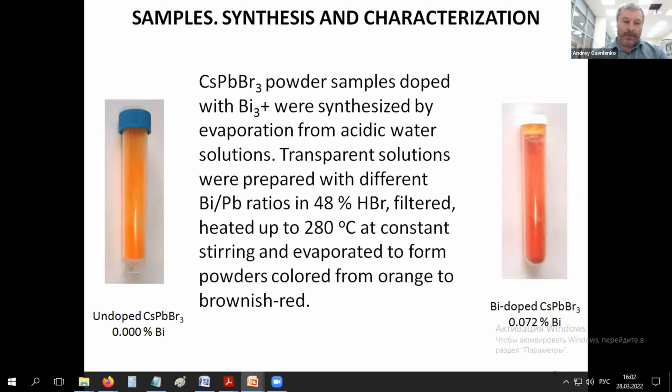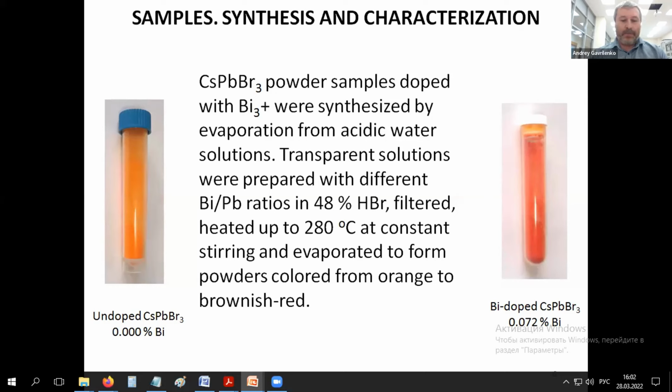Finally, the sediment was dried under vacuum conditions to obtain an orange CsPbBr3 powder. The same figure.